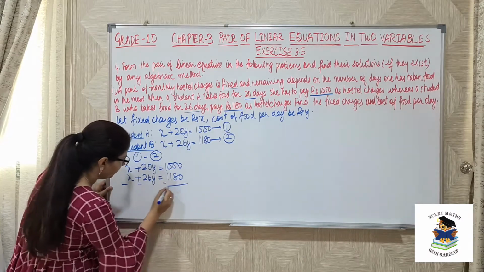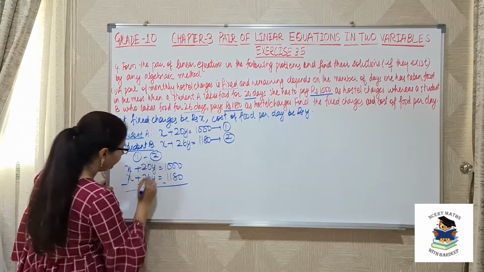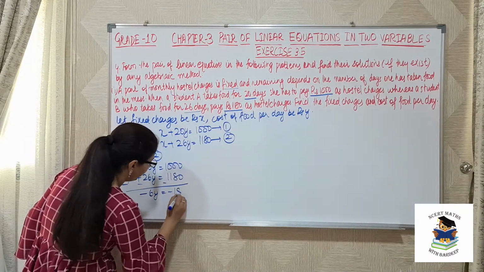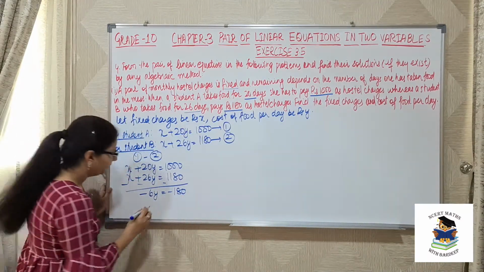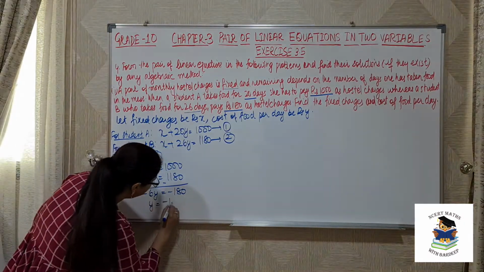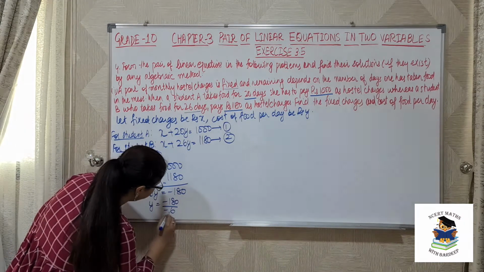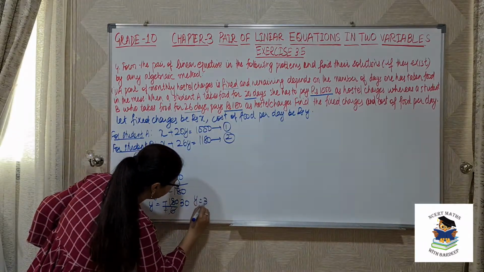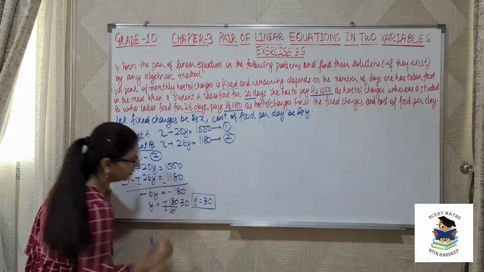Minus, minus, minus. So this is cancelled. 20 minus 26 is minus 6Y and this is minus 180. So what is the value of Y? Minus 180 over minus 6. So we get 30. So value of Y is 30.